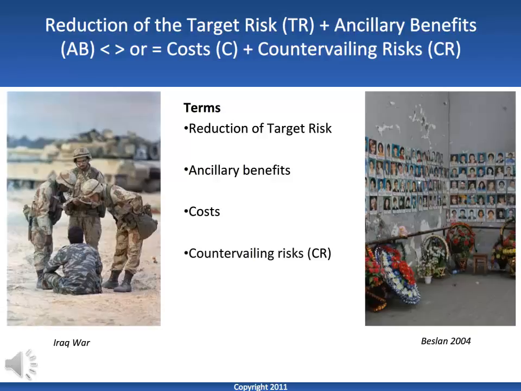Another way of looking at it might be reducing the power of drug lords in Latin America may result in greater democracy. Now, the greater democracy would be the ancillary benefit of what's going on in all of this.